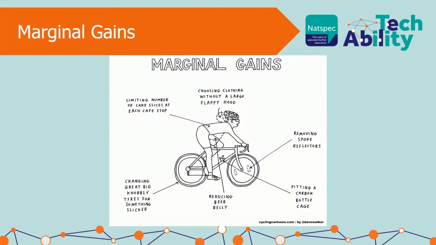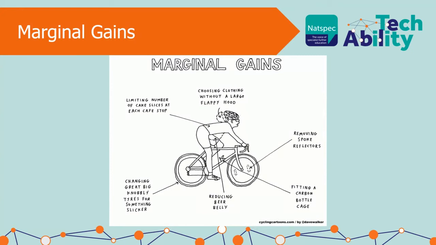But we can apply these high level ideas to normal stuff as well. For me, it's more like choosing a coat without a flappy hood, maybe eating less cake and fewer pies to reduce a beer belly and therefore being able to cycle faster. So we don't have to see this marginal gains theory only at the really high end of things.